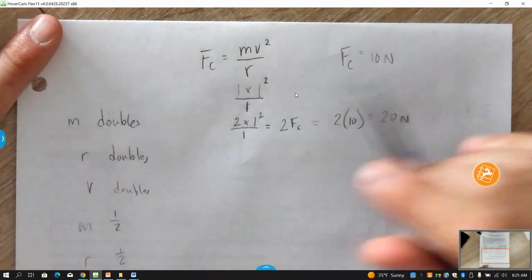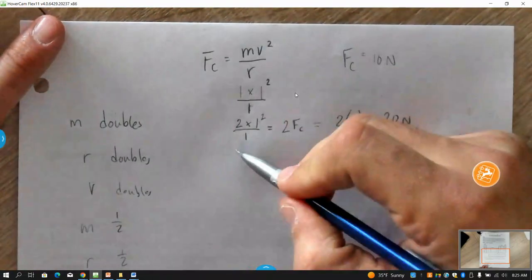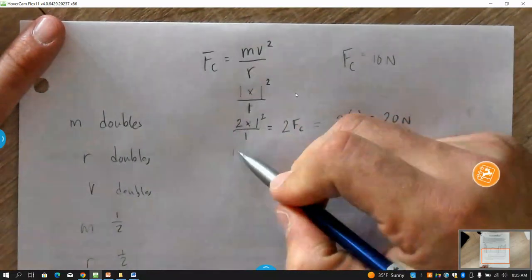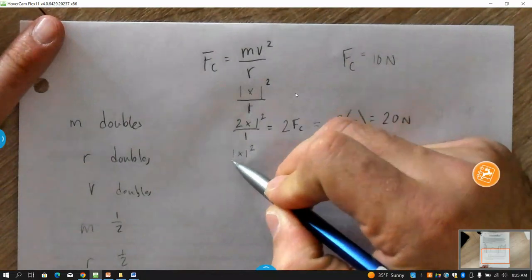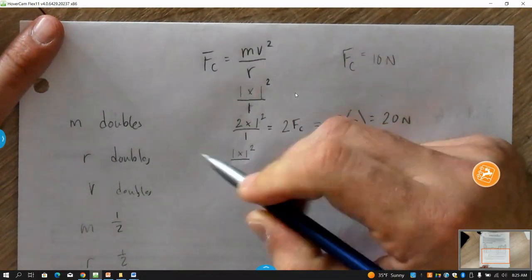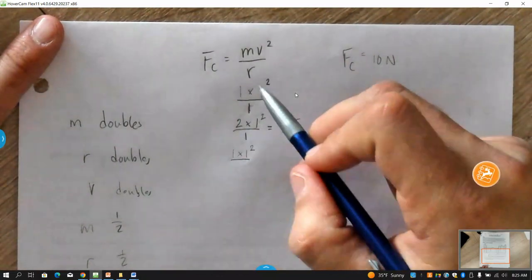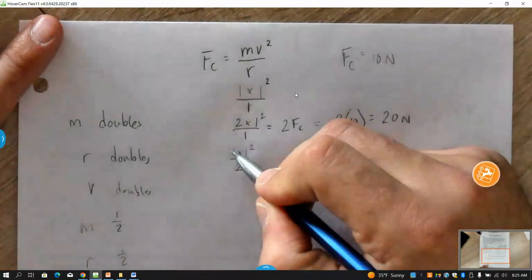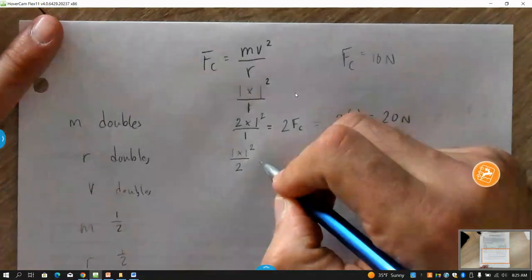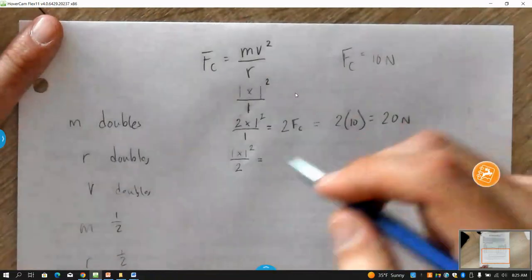What about if the radius doubled? They didn't tell you anything about the mass, so we're going to keep that at 1. The v didn't change, so we keep that at 1. That still has to be squared, even though it's a 1. But r doubles, so the r that was a 1 becomes a 2. 1 squared is 1, times 1 is 1.